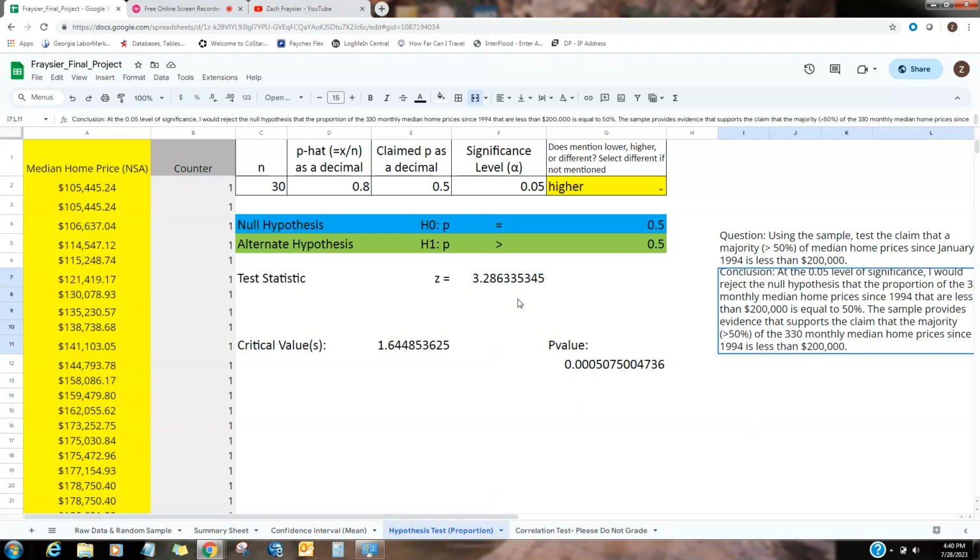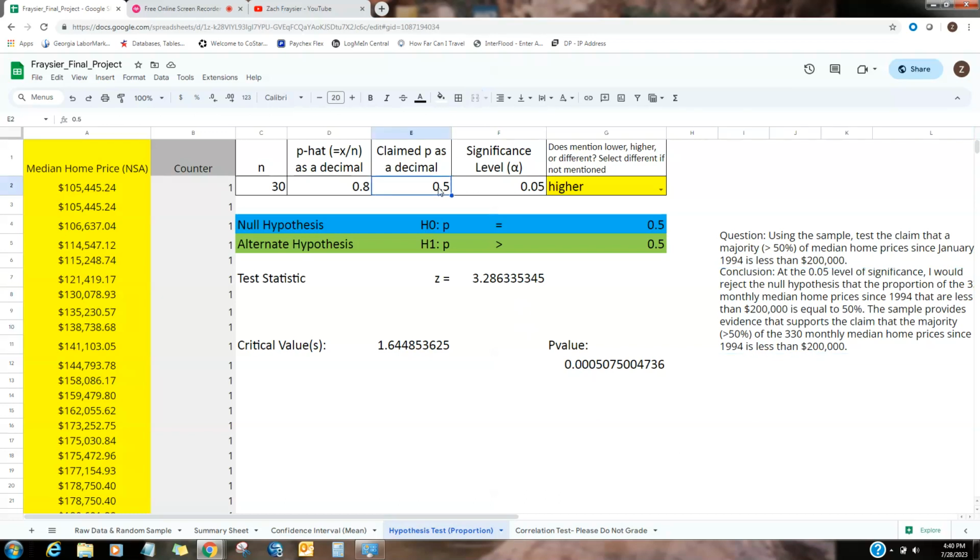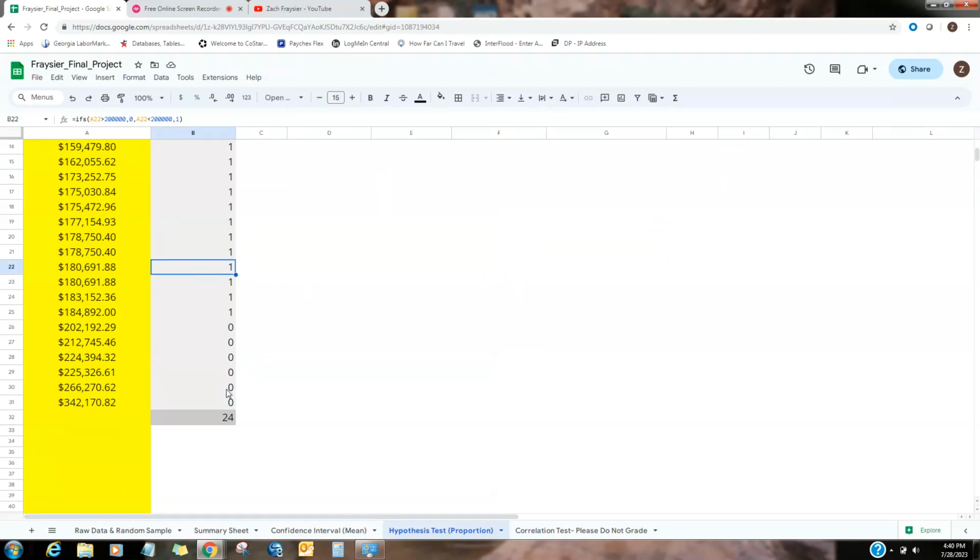And that's that. We could play around with this. You could do it at 0.6, be above that. P-values coming up some, z-values decreasing. You could put it right at 0.8, which is what the sample says, because the counter, I put an if function in here too. Should have explained this earlier, but there's 24.